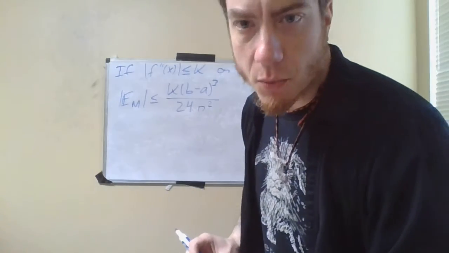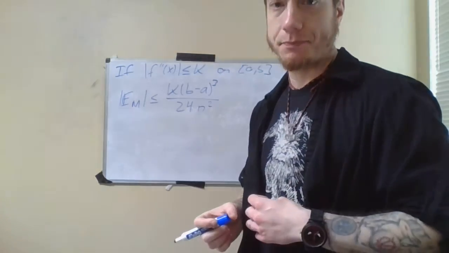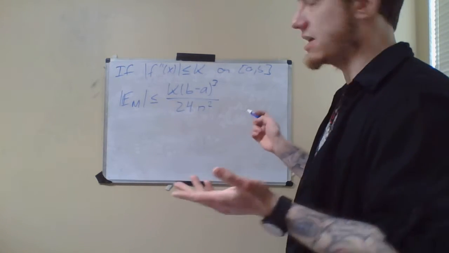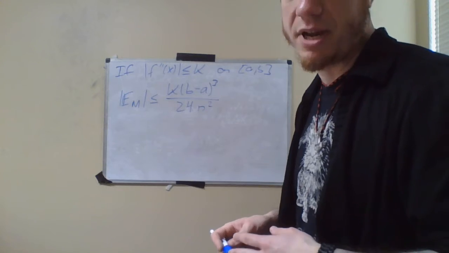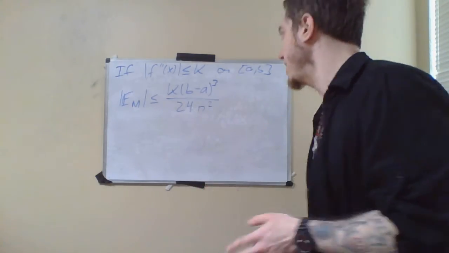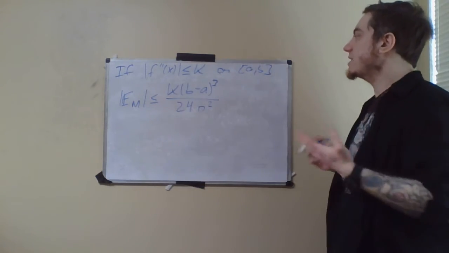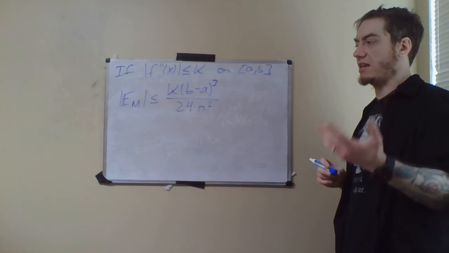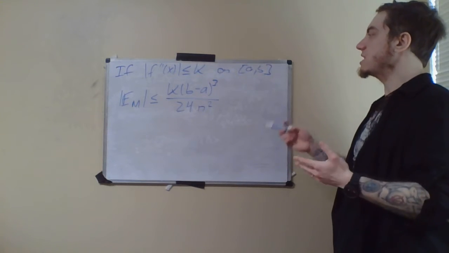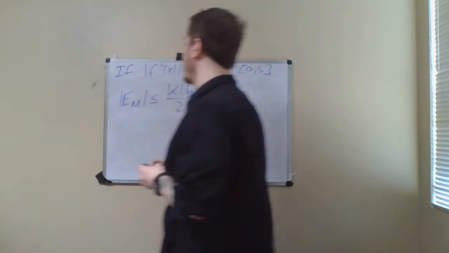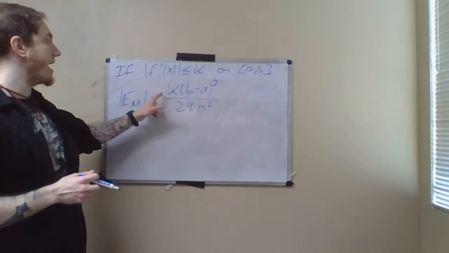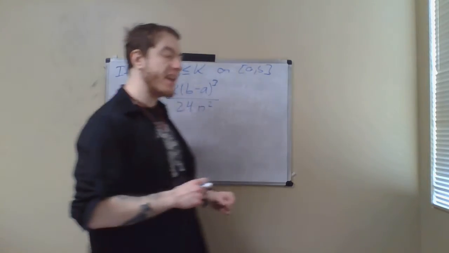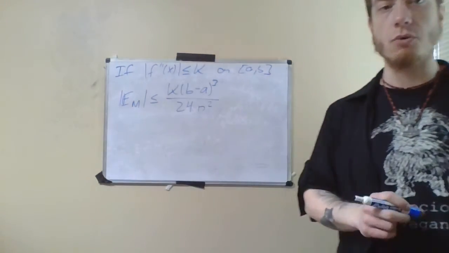So the problem with this method is that it potentially gives us a really bad error. But we can ask questions like, if I want to do a specific definite integral using the midpoint rule, and I need to make sure that the error is bounded below a certain number, what n do I need to pick to make sure that the error is below that number?